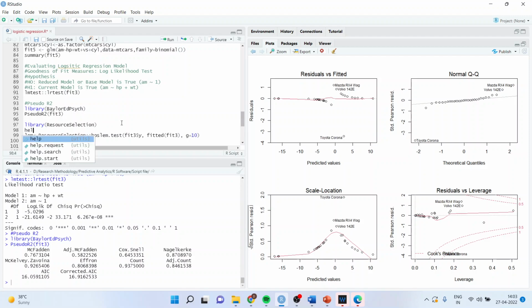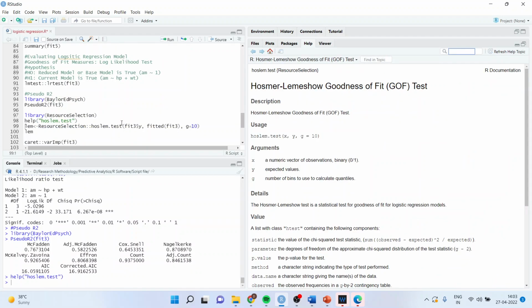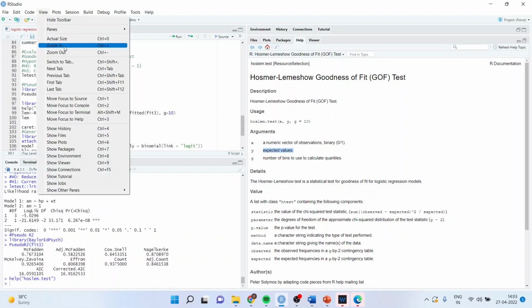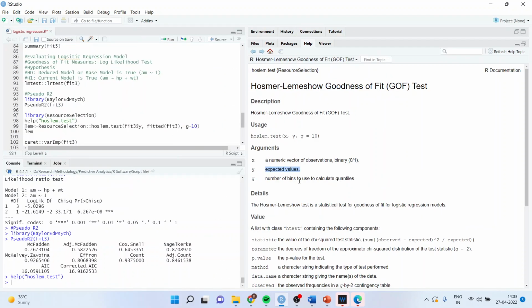I write help, hoslem.test, run. Y is the observed value, and g is the number of bins to calculate the quantiles.